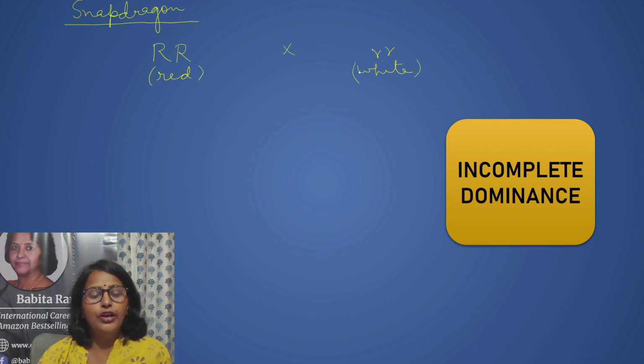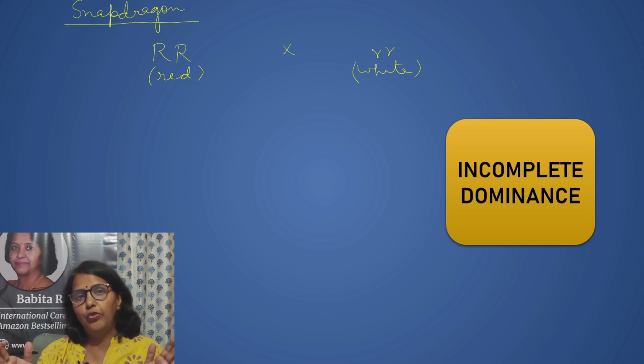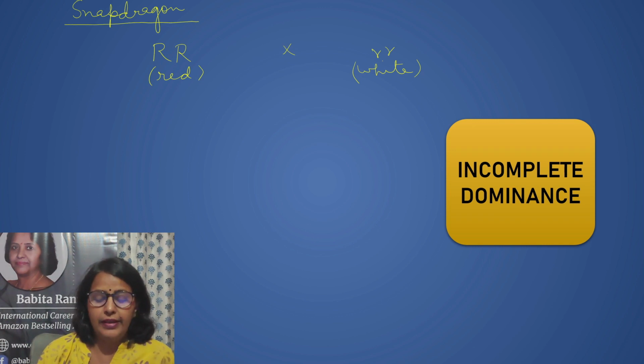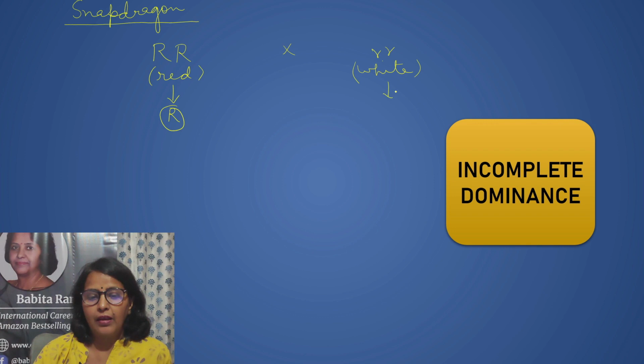According to Mendel's law, what should happen? Because I have written capital R, that means this is dominant. So, according to Mendel's law, in the first generation we should get all the dominant character, that is only red should be there. But let us see what happens, because this is a homozygous gene, we will have only one type of gamete.